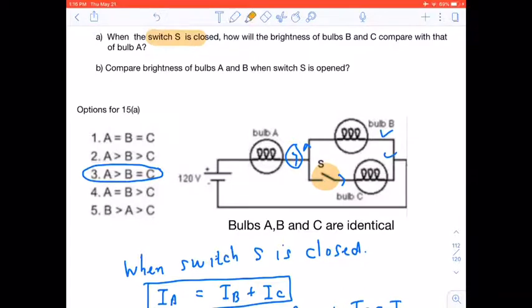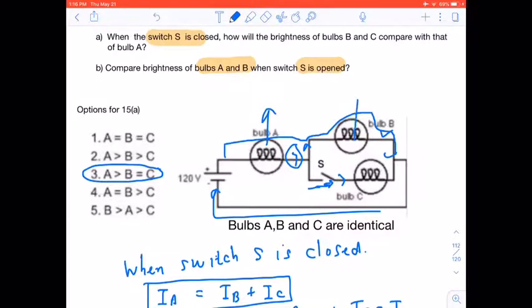Right, now we want to compare the brightness of bulbs A and B when S is opened. Okay, so when S is now open, that means there's going to be no current going through here, no current there, but there is going to be current going through here, there, and right through our circuit and back. But in this situation, bulb A and bulb B are in series.